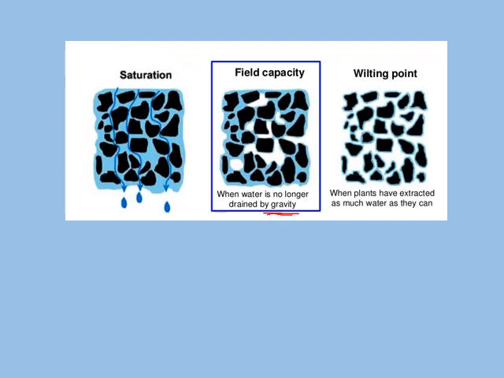Then, when we let the water drain, we remove the bottom, we let it drain out, and we collect that volume, right? That tells us how much gravitational water has been removed from the soil. All these spaces where water was when it was saturated is now empty, right? And it's sitting in our pan over here.